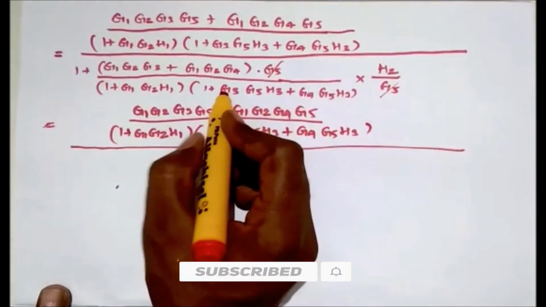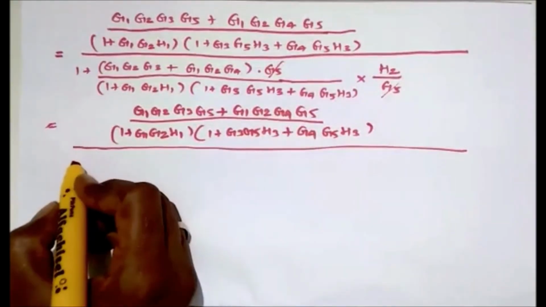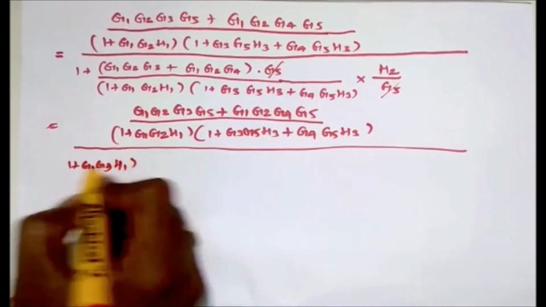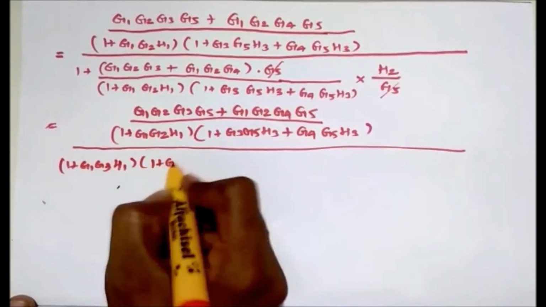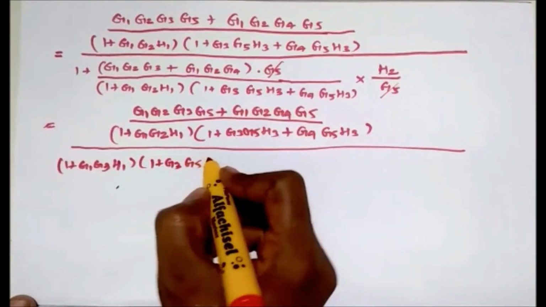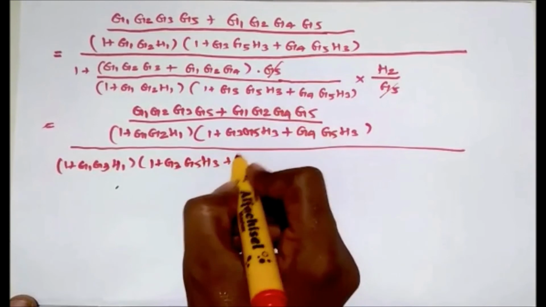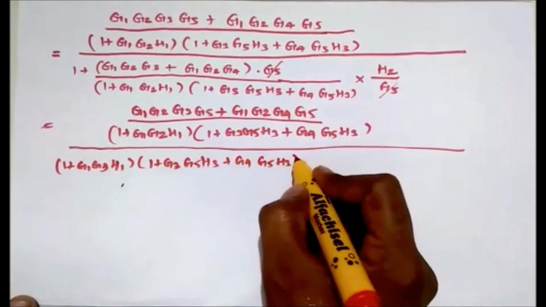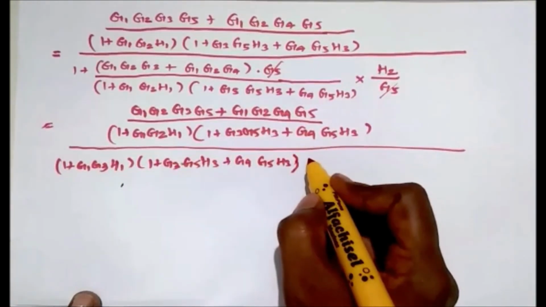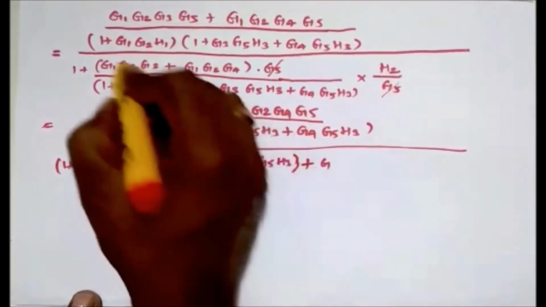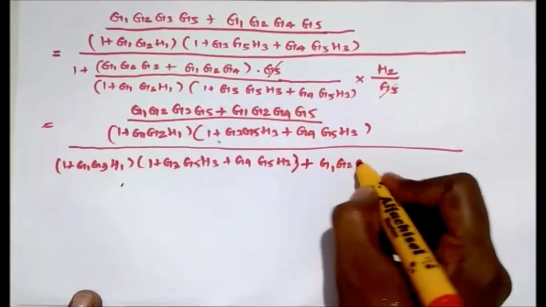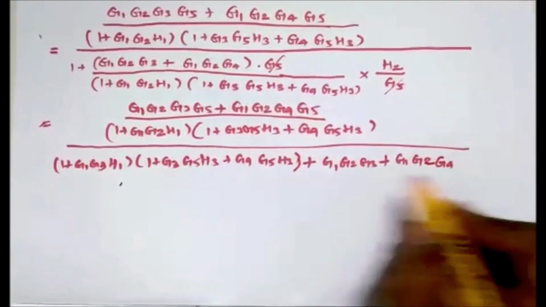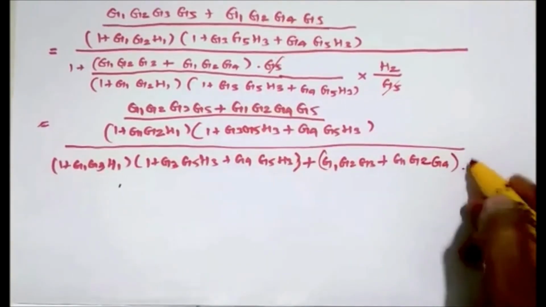Now to take LCM we have to bring this entire term into here. Therefore 1 plus G1, G2, H1 into 1 plus G3, G5, H3 plus G4, G5, H3, into, plus this term G1, G2, G3 plus G1, G2, G4 into H2.